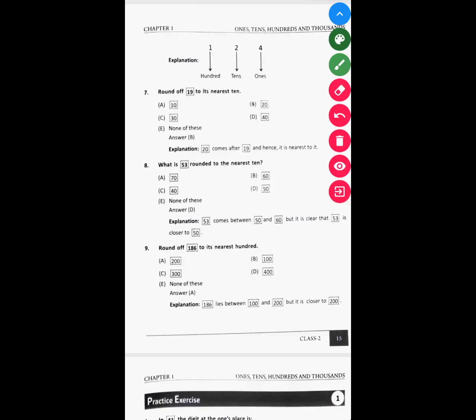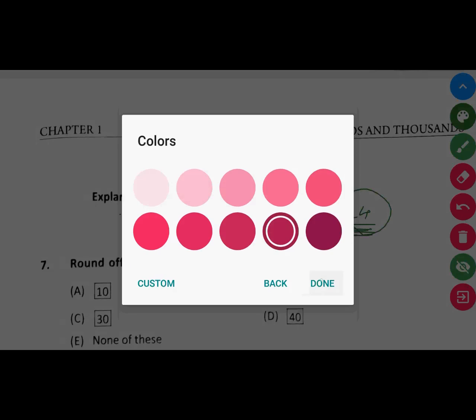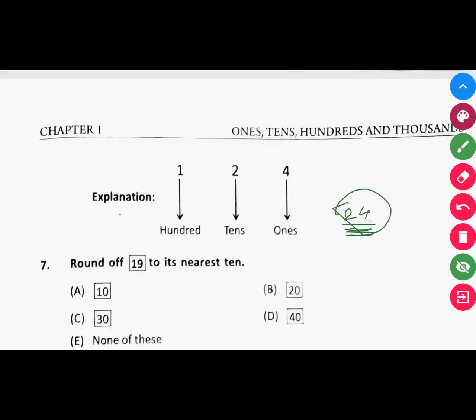So for this question our answer is 20, but for better understanding I will explain further. If the number is 24, which 10 is near to 24? There are always two options: the 10 which comes before 24 and the 10 which comes after 24. Before 24 comes 20, and after 24 comes 30.